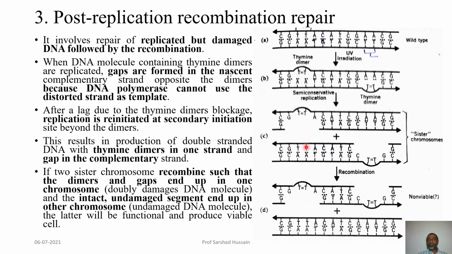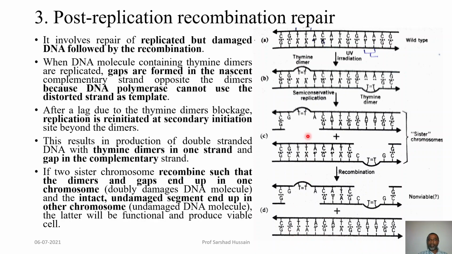Say for example, this chromosome was having this part intact and this chromosome was having this part intact. If this part joins this part, it will become a totally intact strand, and accordingly if this part joins this part, then the second strand will become totally intact.